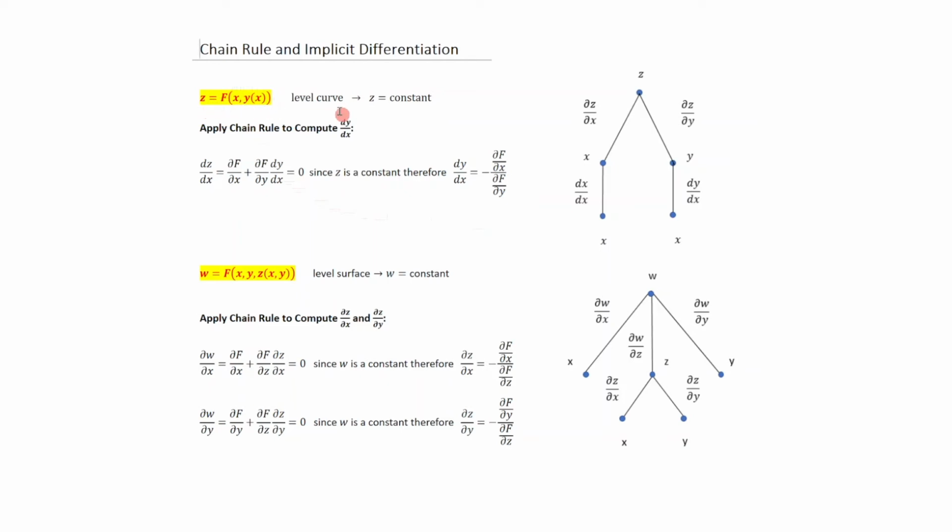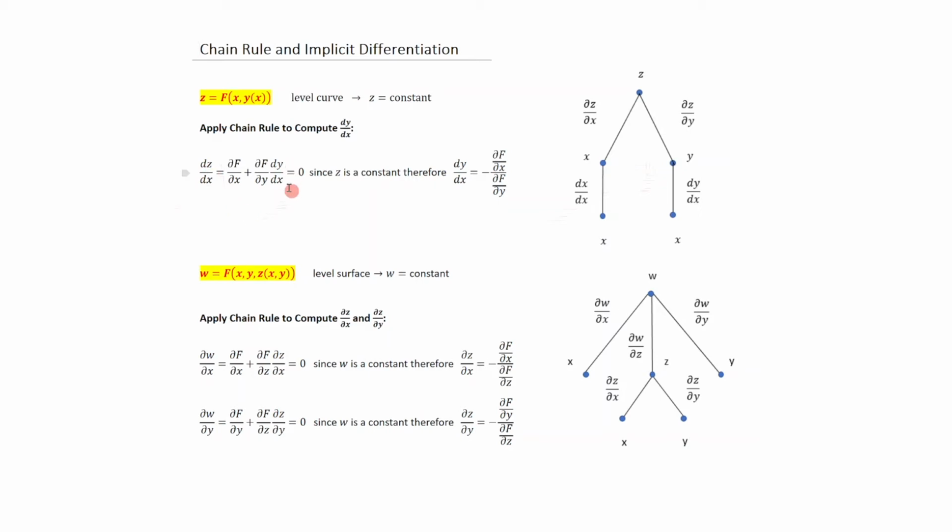All right, and then we're going to assume that z is a level curve, which means z equals constant. So if we apply the chain rule to this expression, then we'd have dz/dx, which is a direct derivative, is ∂f/∂x, which is a partial derivative, plus ∂f/∂y times dy/dx, and the equivalent diagram is shown over on this side. But since z is a constant, it's a level curve, that means this is equal to 0. From this, therefore, we're able to basically compute dy/dx.